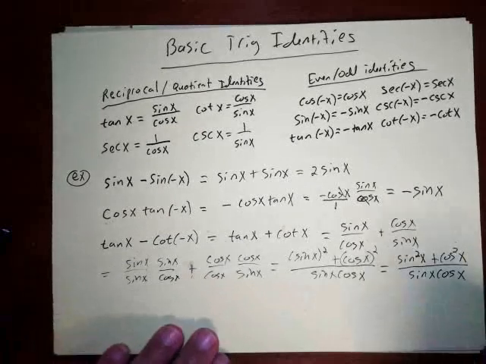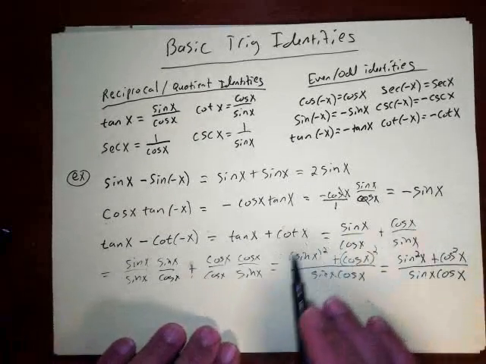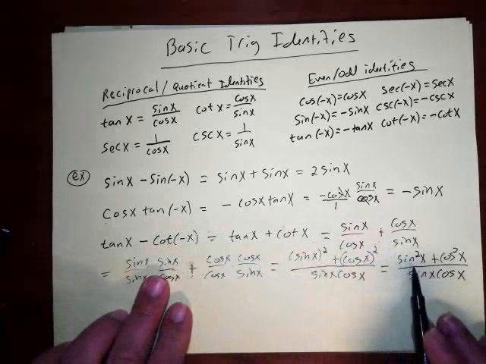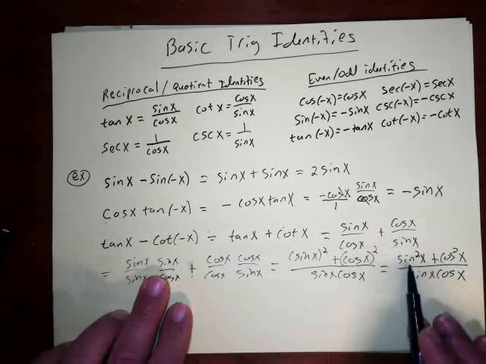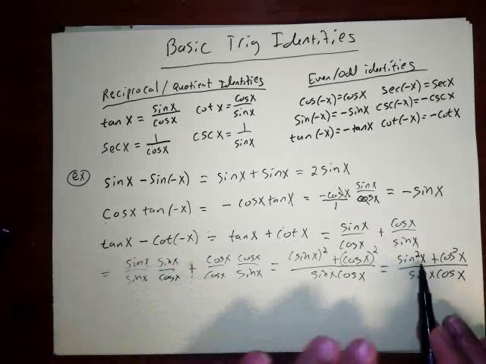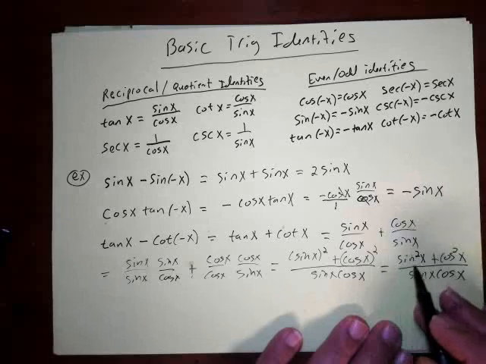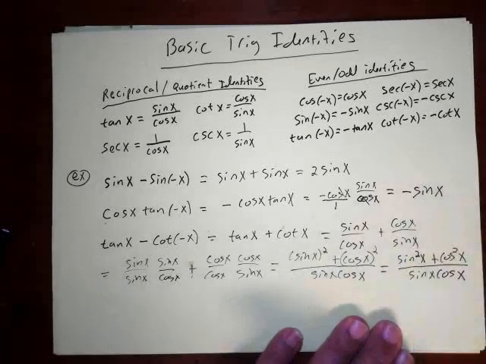Okay? And so you don't have to include this middle step. If you're going to multiply these two together, you can know that that would be sine squared x. Okay? You just have to be careful that you know what that means, that it's a sine x times a sine x.